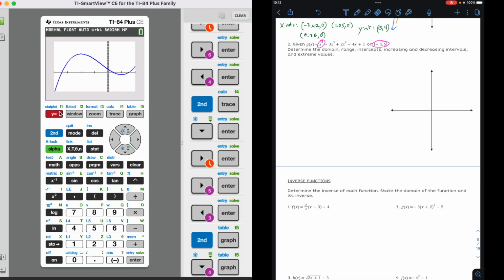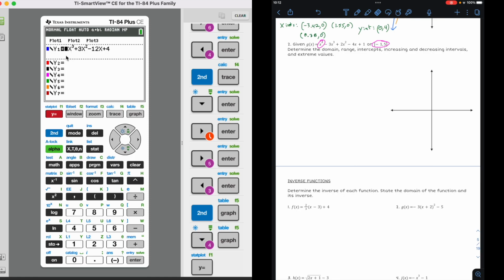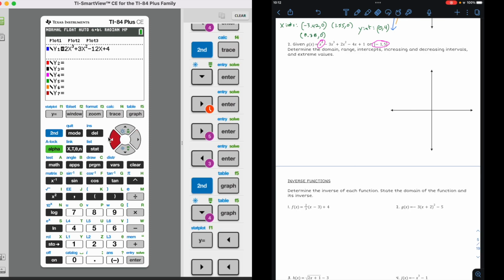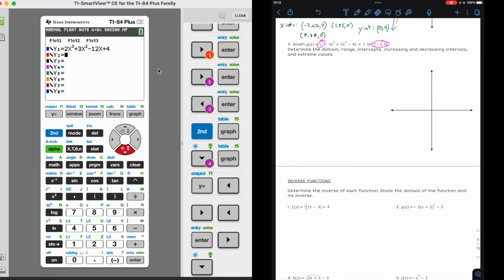I'm going to go to y equals, say I wanted to save this polynomial and maybe come back to it. I can scroll left to this equal sign and hit enter. So that turns it off, but I can still keep it there, and then I can put my second function.